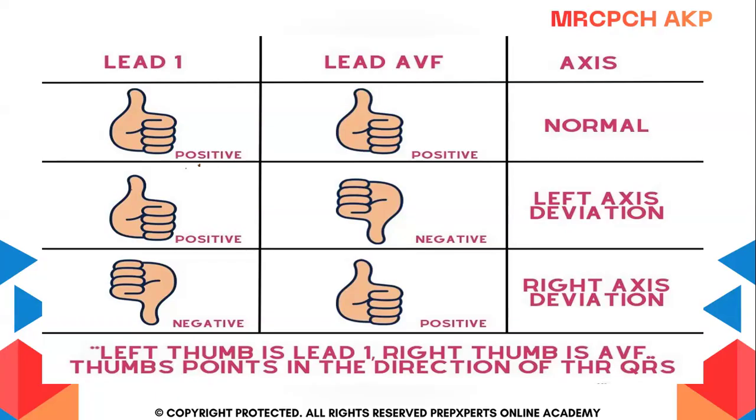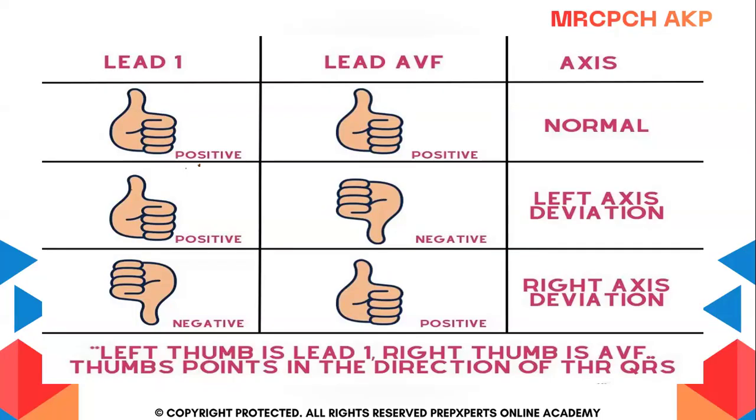If both are above, you can call it up. If both are up, then you will say it is positive. Whenever you are saying thumbs up from both of your thumbs, it is positive, it is normal axis, if both are leading towards upward direction. Okay. And in the right axis and the left axis, whichever is up, we will dedicate the axis to that side.